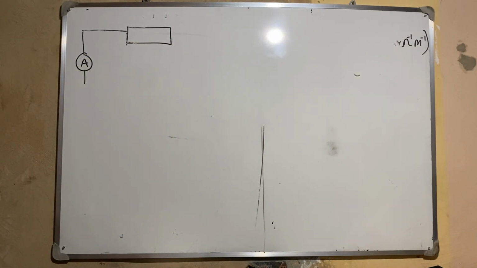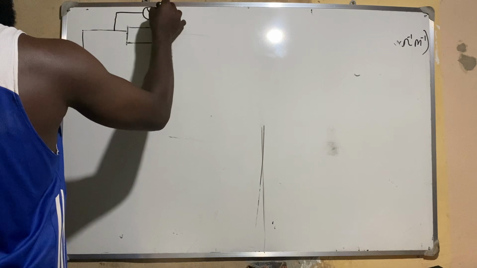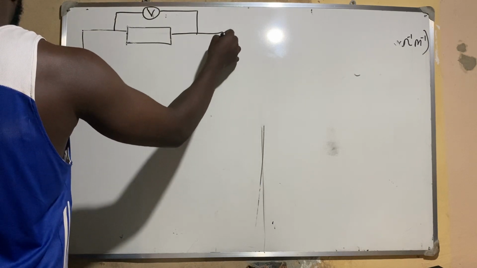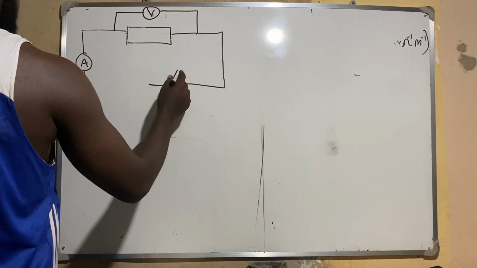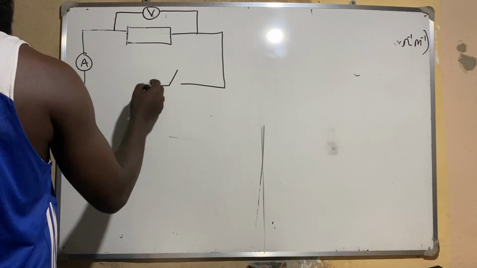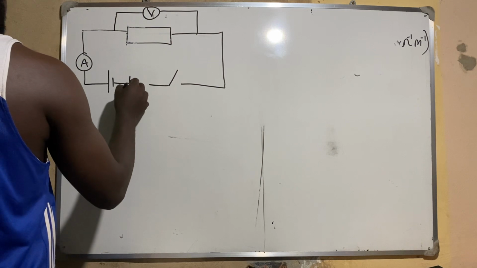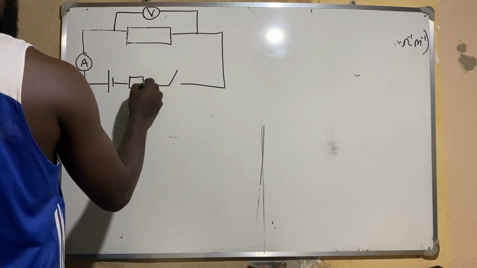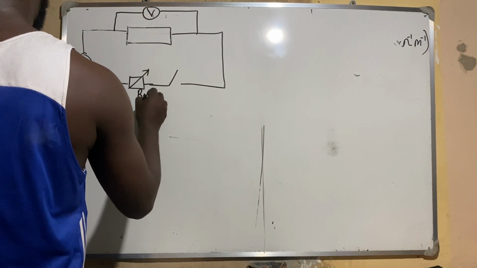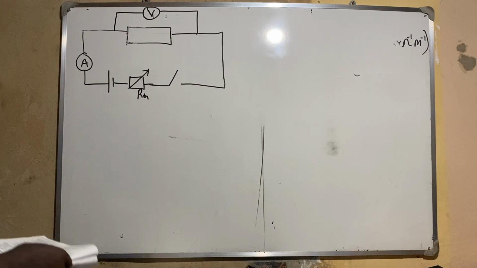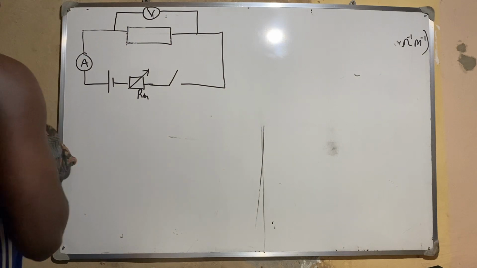So I have my key, and I have my circuit. This is the internal resistor. So that is the diagram for that one. You can draw that in your book. This is my resistor R.